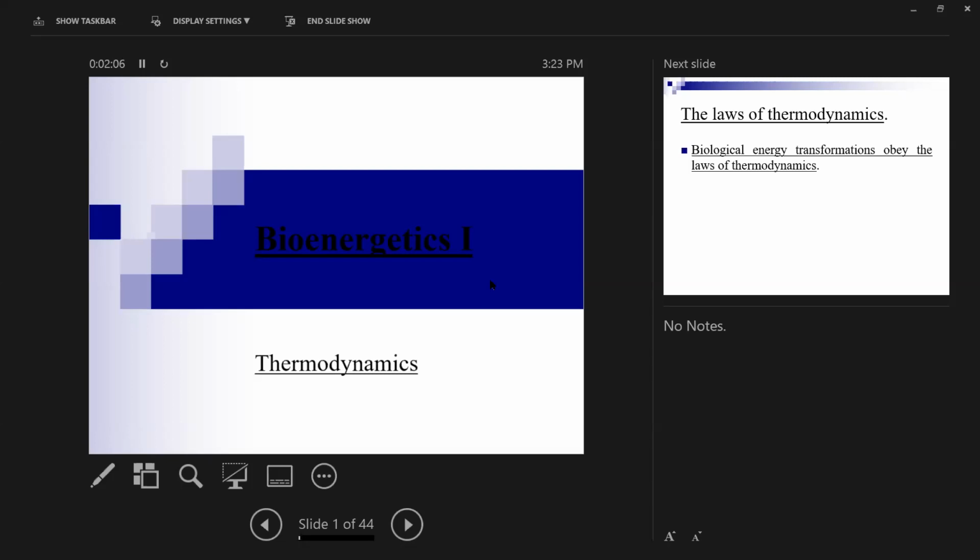So this is called depolarization. This is called repolarization.